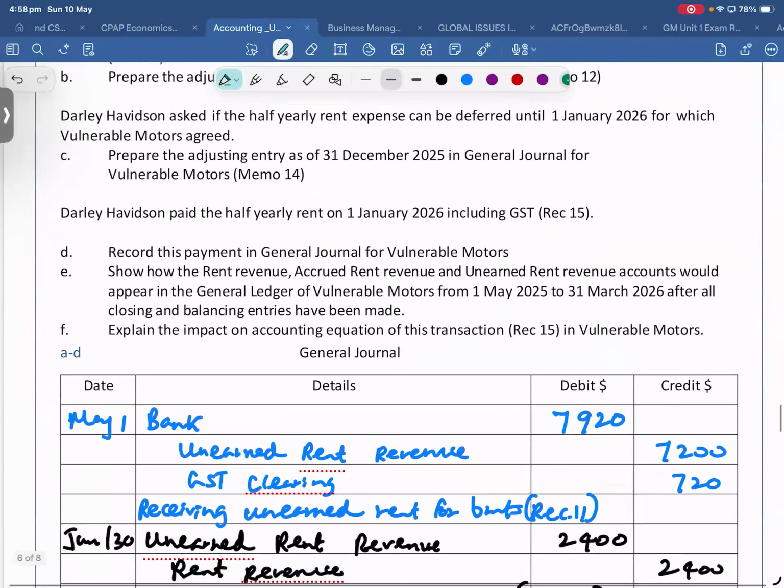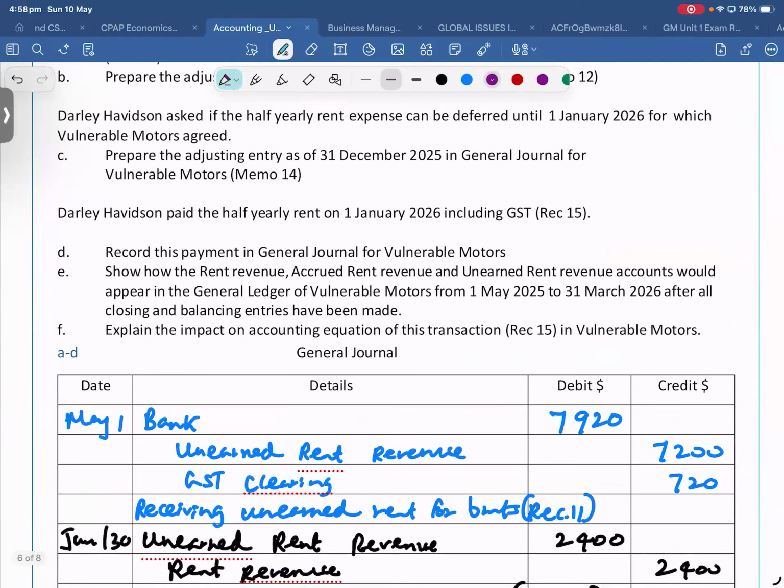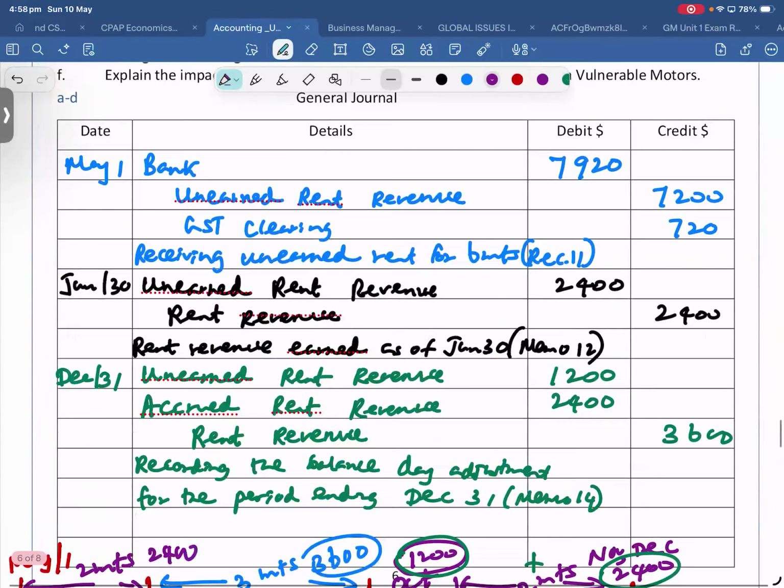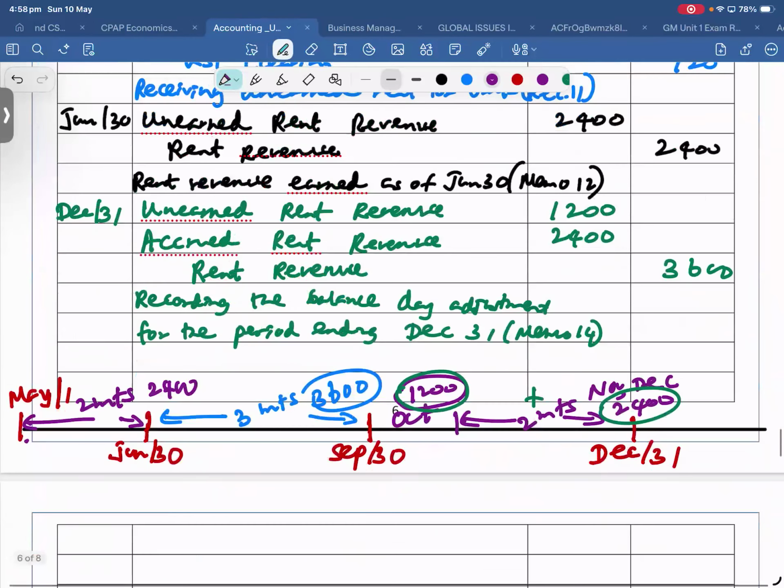Right. Then guys, what's the entry on the 1st of January? So now on 1st of January, the tenant is coming and paying 6 months. What happens on January 1st? Bank debit 7,920.